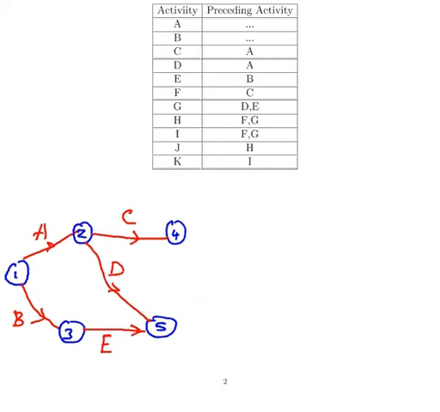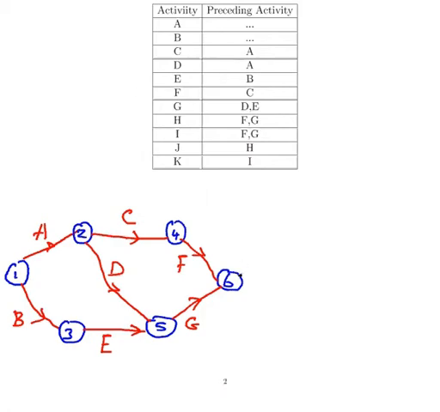So what we're going to do is set up a single node here, and activities F and G are both going to go into this node. So that's F there, and this is activity G here, and we're going to call that node 6. And coming out of node 6 we'll have activities H and I.